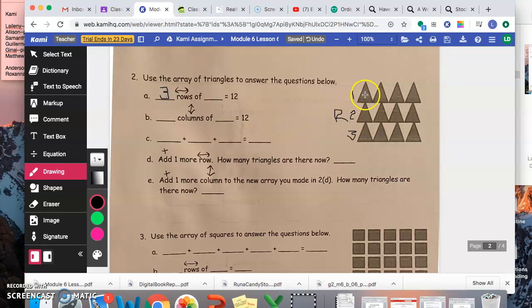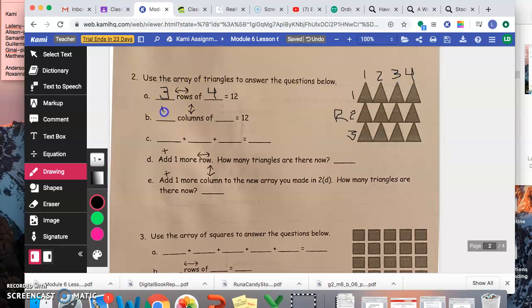of how many in each row? 1, 2, 3, 4. Okay, so there's 4, and it already told you that that equals 12. So they already gave you the total. Now you're going to look at your columns, which are going up and down. So columns, there's 1 column, 2, 3, and 4.